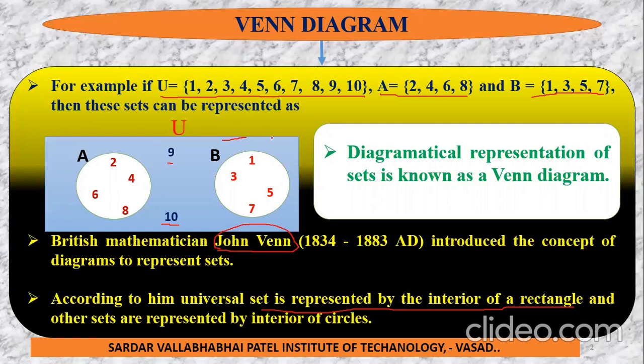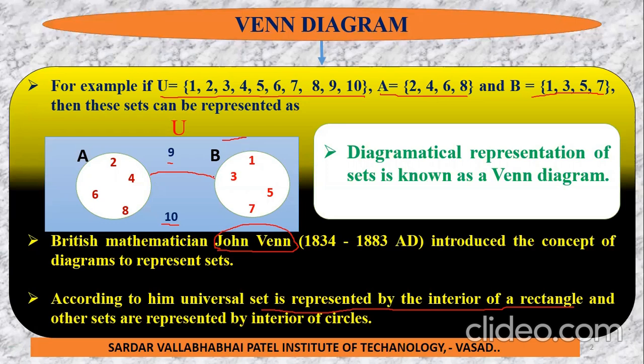Using this Venn diagram, we see that sets A and B are subsets of the universal set U. We also see that A and B have no common element, so obviously both are disjoint sets, because we know that disjoint sets mean A and B have no common element. We discussed this in the earlier lecture.